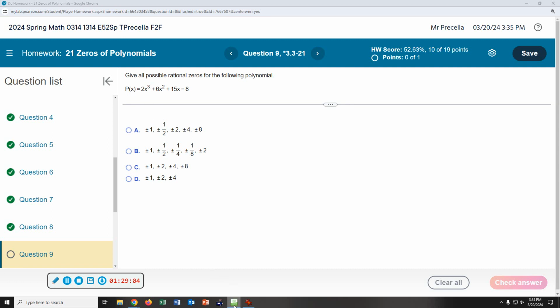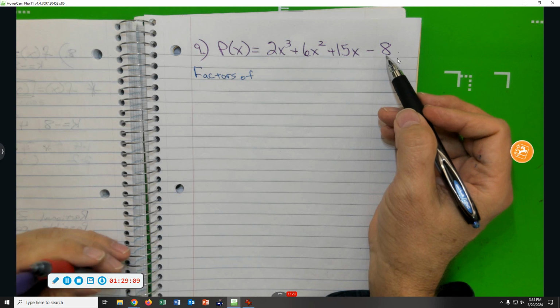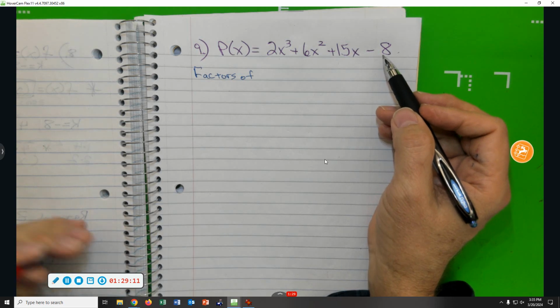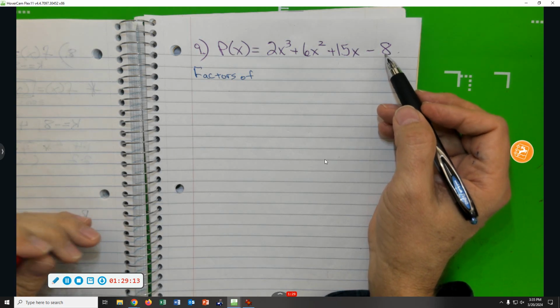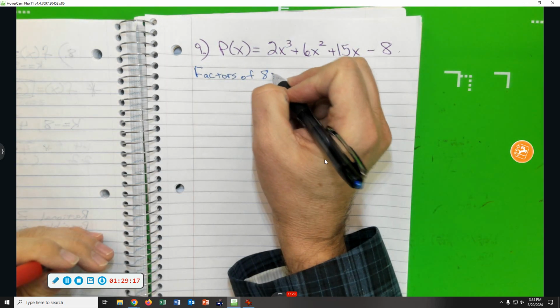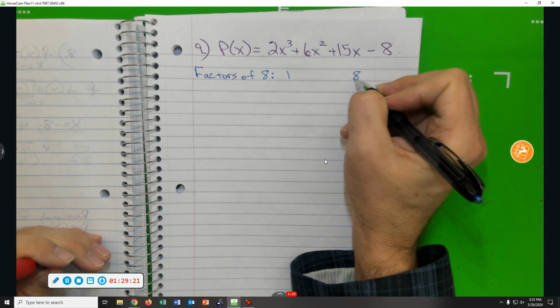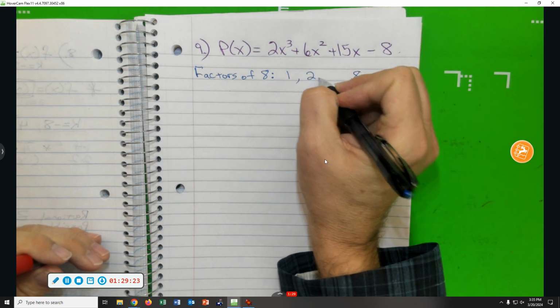So I look over here. I see the constant is a -8. We don't have to worry about that sign, though. The plus minuses are taking care of all the sign changes. All we need are the factors of 8. That's 1 and 8 and 2 and 4.